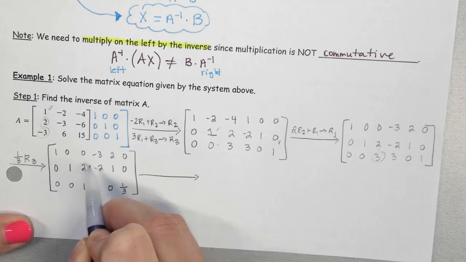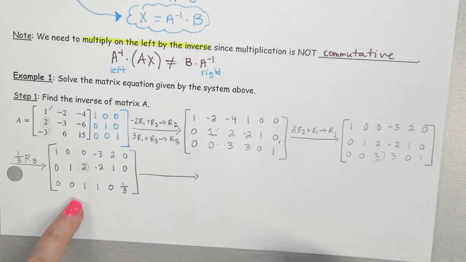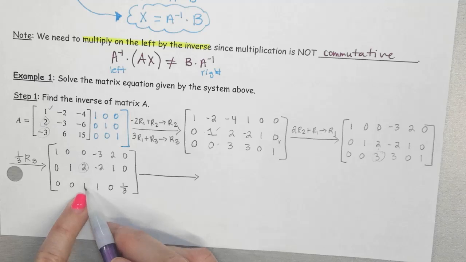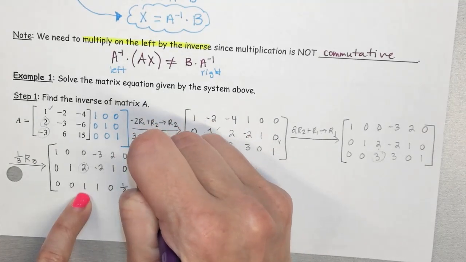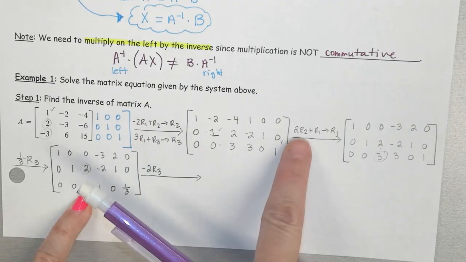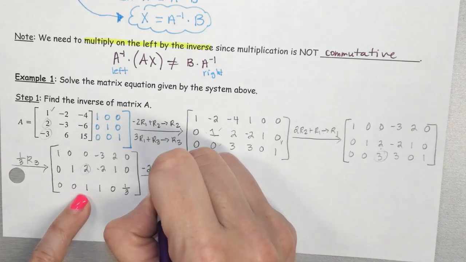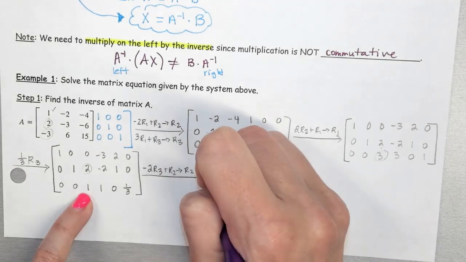If this already wasn't a 0, you could do that in one step and that would be fine. The reason why you have to make this a 1 first is so that you can multiply row 3 by the opposite. If you look back, I multiplied by my row 1, then I multiplied by row 2. Here I'm multiplying the opposite by row 3 because that is what is going to keep that the same.